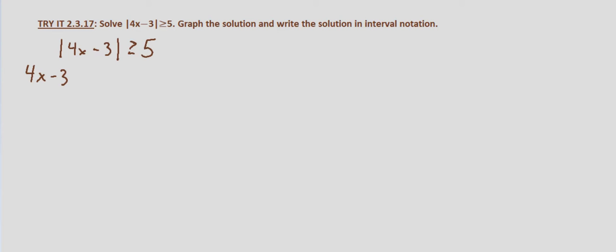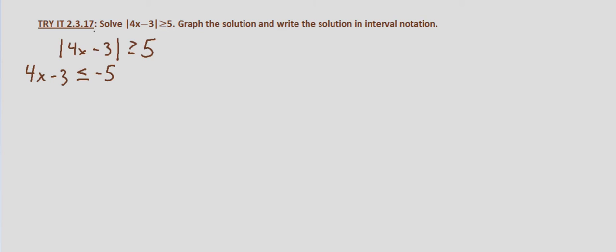We change the direction of the inequality symbol, so less than or equal to, and we make what's on the right-hand side negative, so negative 5. One way to explain why we change the direction of the inequality symbol is that we could just make it the negative of both sides. So negative 4x plus 3, the whole thing that's inside the expression.